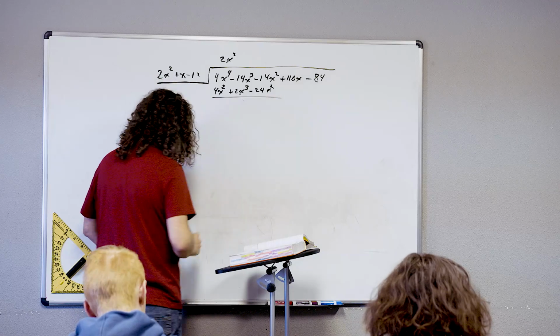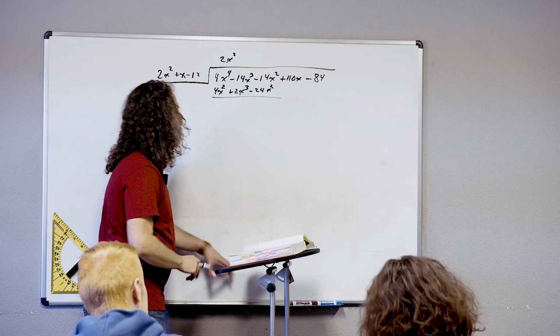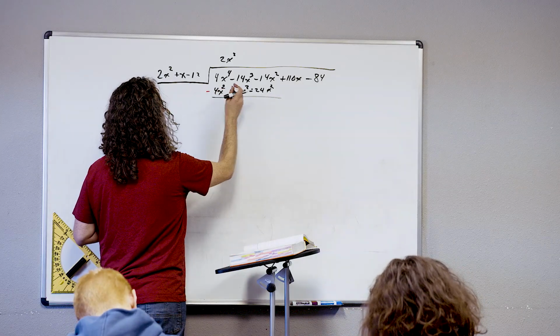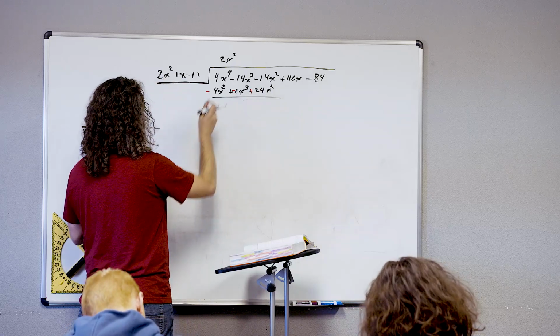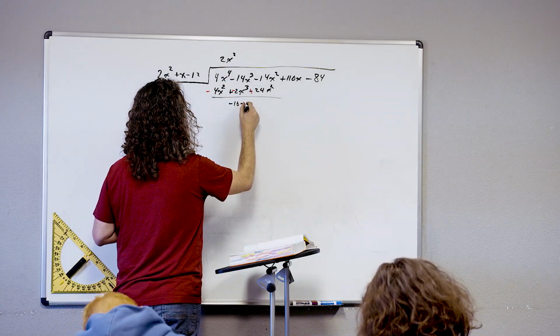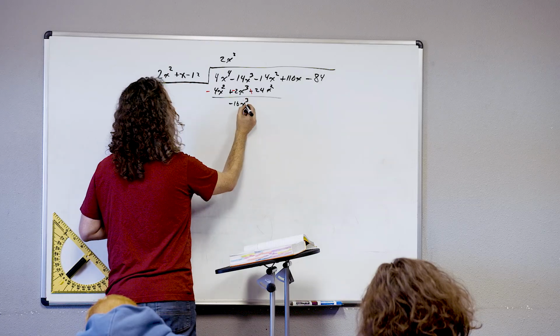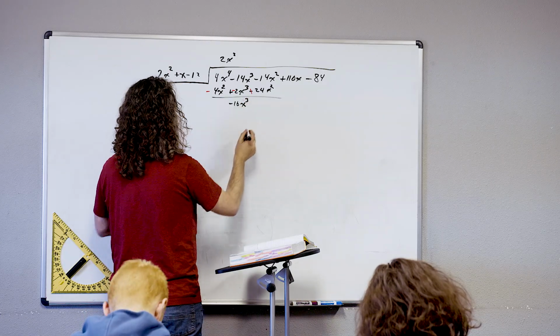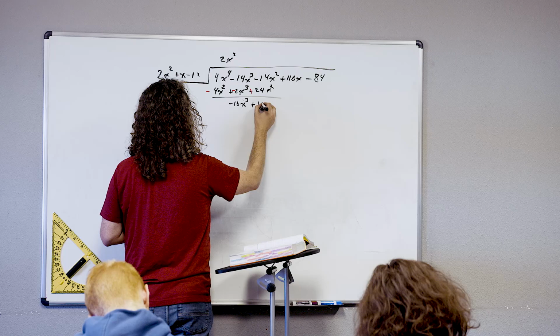Then we subtract. So this one cancels, and then we've got negative 16x cubed, plus 10x squared.